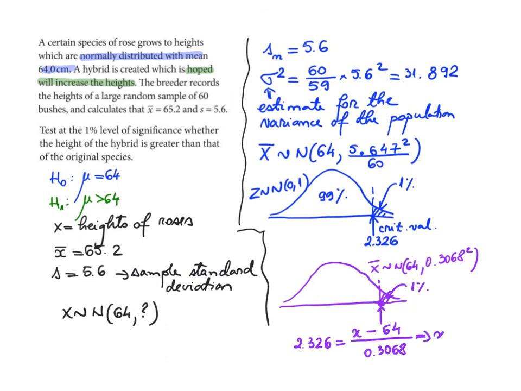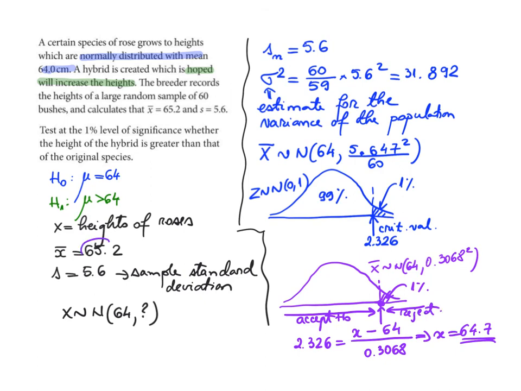From here, rearranging, I get that x is 64.7 to three significant figures. Therefore, my decision rule is: if my test statistic is smaller than 64.7, then I accept H0. If my test statistic is bigger than 64.7, then I reject H0.